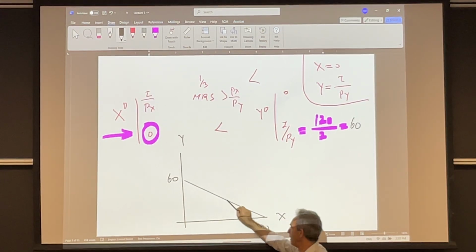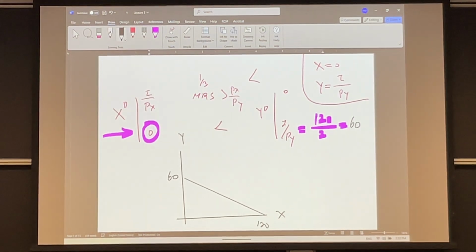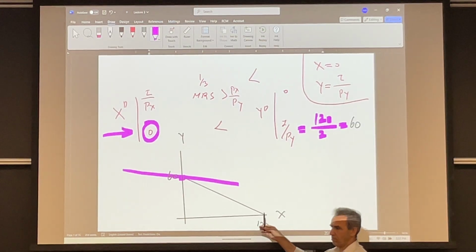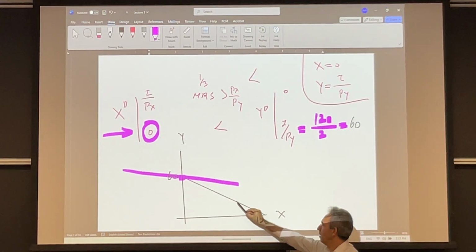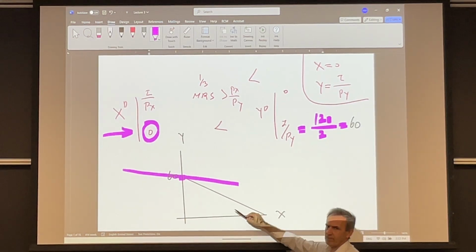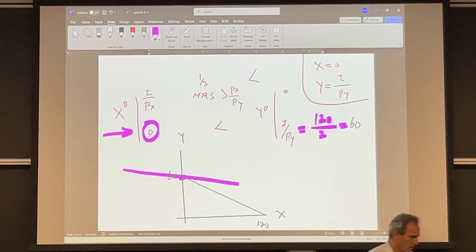If it's steeper, maximizing means going there. So it's flatter here, and you basically go all the way to this corner. That's the maximization. If it was steeper, say MRS was 2, you would go the other way. Make sense?